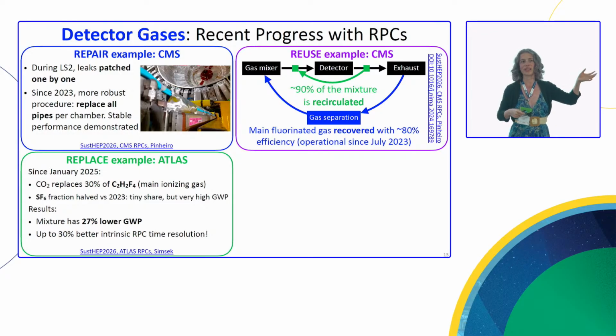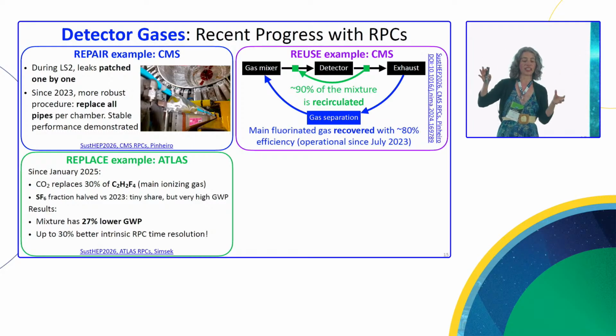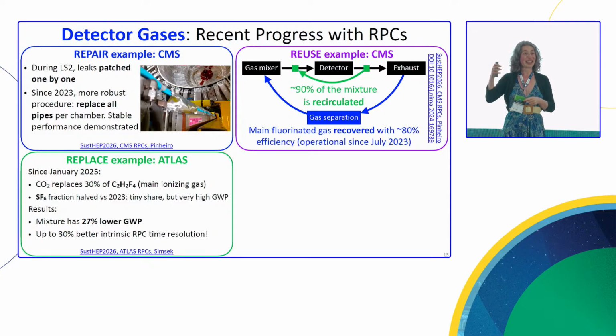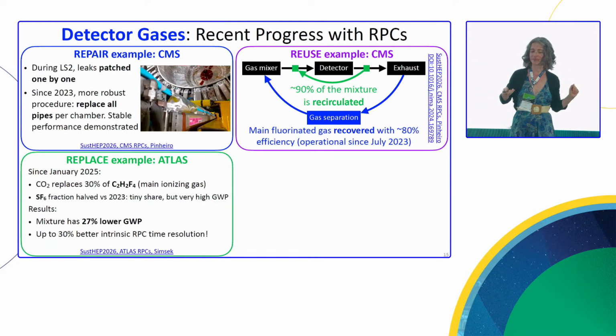And I should have mentioned, SF6 is a tiny share of the full RPC gas mixture, but it has a really high global warming potential. And the result of doing this is that the mixture overall now has a 27% lower global warming potential, but in addition, up to 30% better intrinsic RPC time resolution. So better for the environment and better physics.